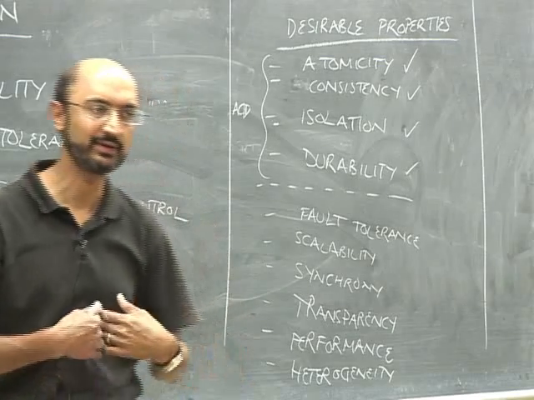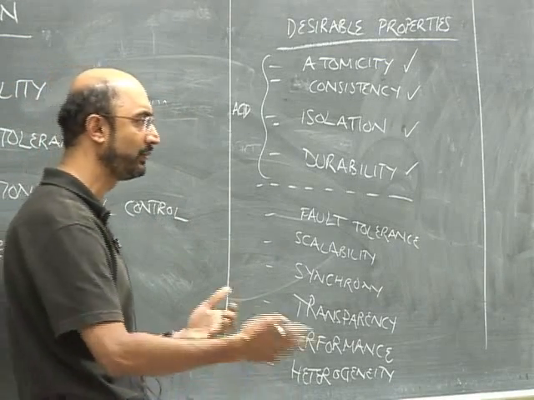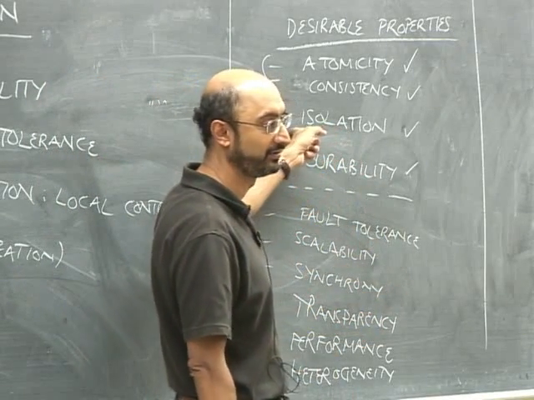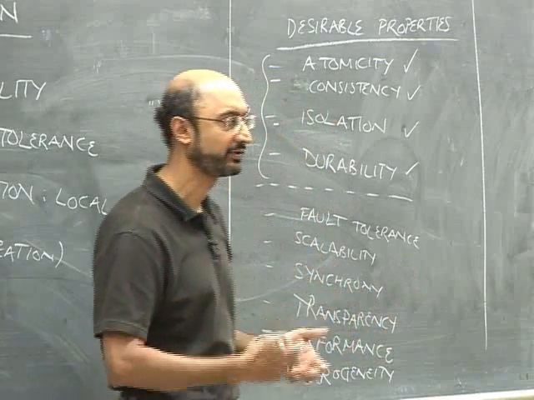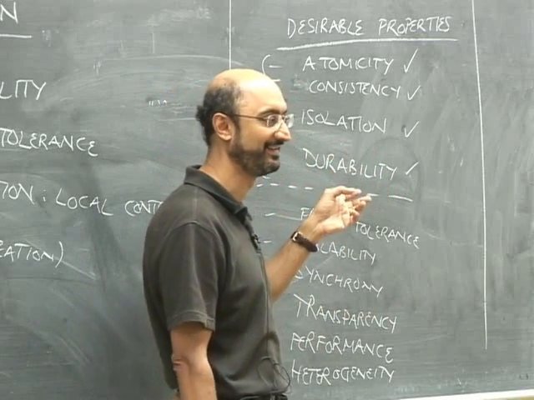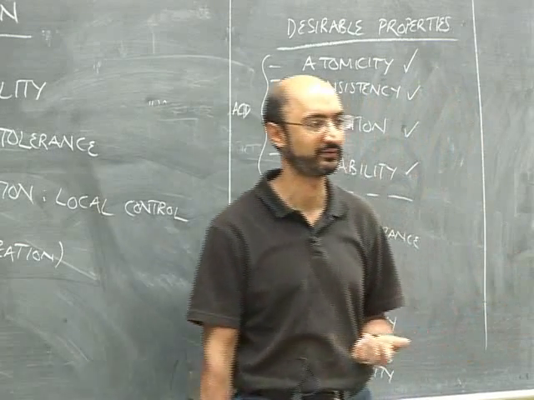Because if you have enough load on the system, things are going to slow down. There's no real way for me to provide perfect isolation. So this is almost never achieved in terms of load and performance. In terms of correctness, yes, but not in terms of performance. And durability, we try very hard, and we almost always succeed, but not always.